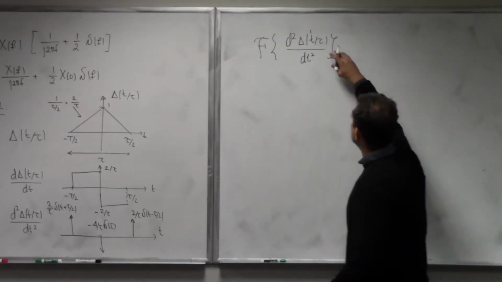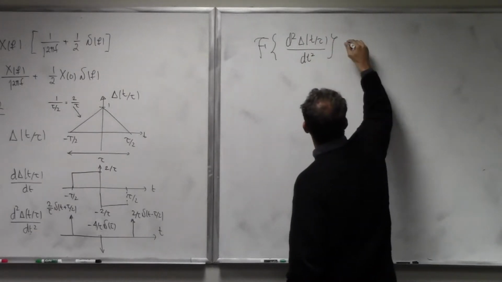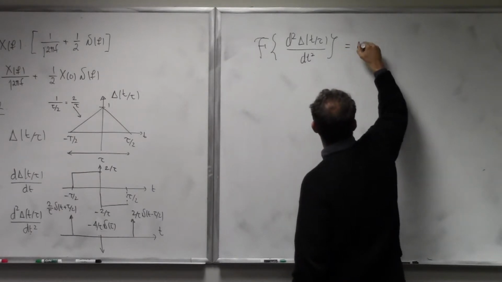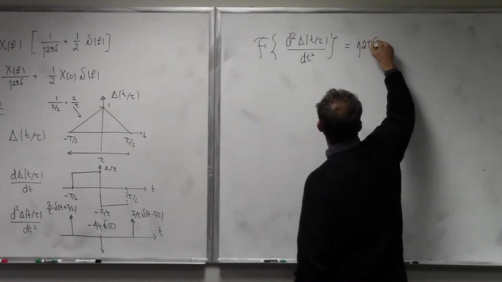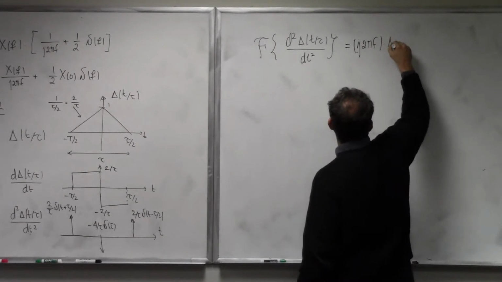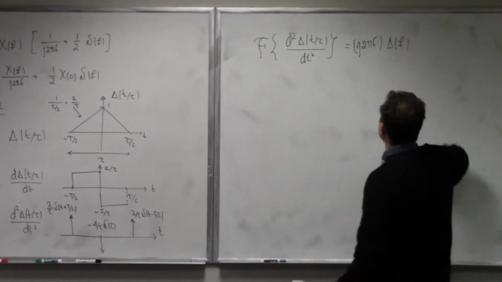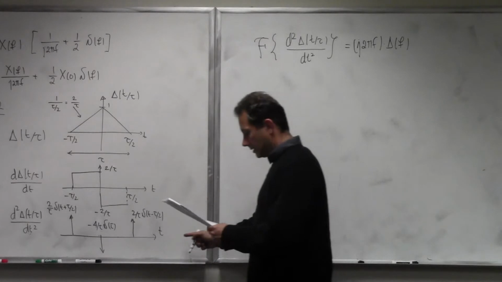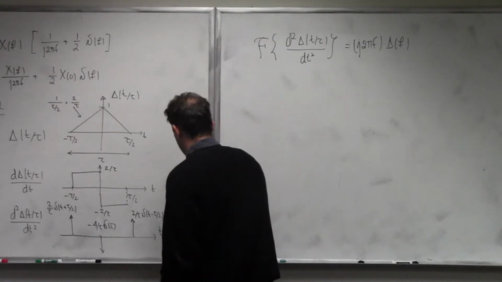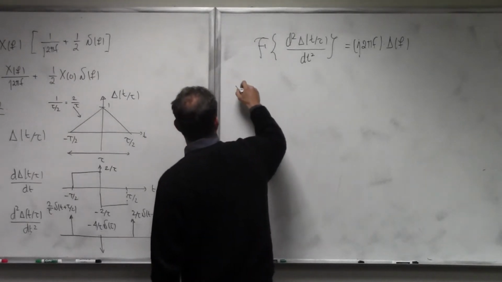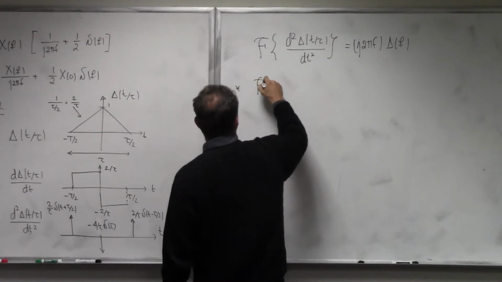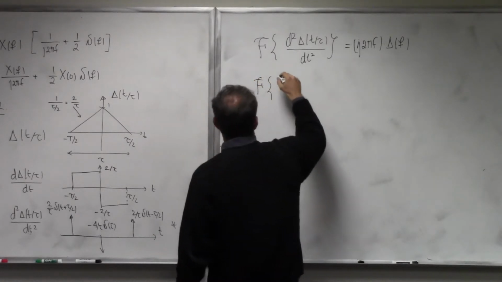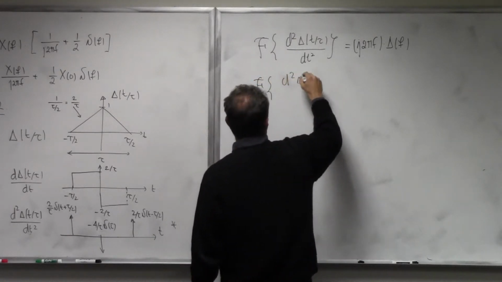But I also know that the Fourier transform of the second derivative is j 2 pi f squared times delta of f. This is based on my previous formula.